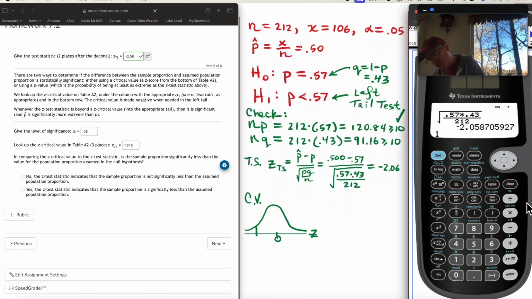Okay. When you go to table A2, we ignore degrees of freedom and just go to the bottom row where it says large. Those are where the z-scores are. Okay. Our alpha, again, 0.05. One tail.